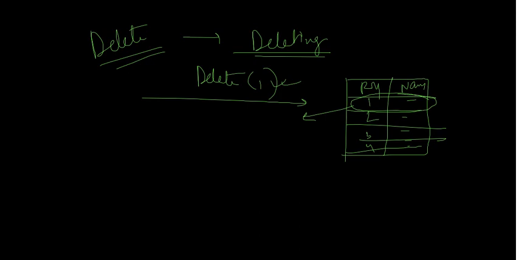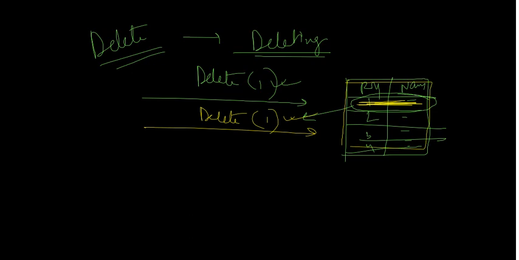Whenever we send the same request again, that deletes roll number 1's data, when you call again, it will check that there is no data for roll number 1. So a response code 404 will come. That means it will show that no data is available for that particular roll number.